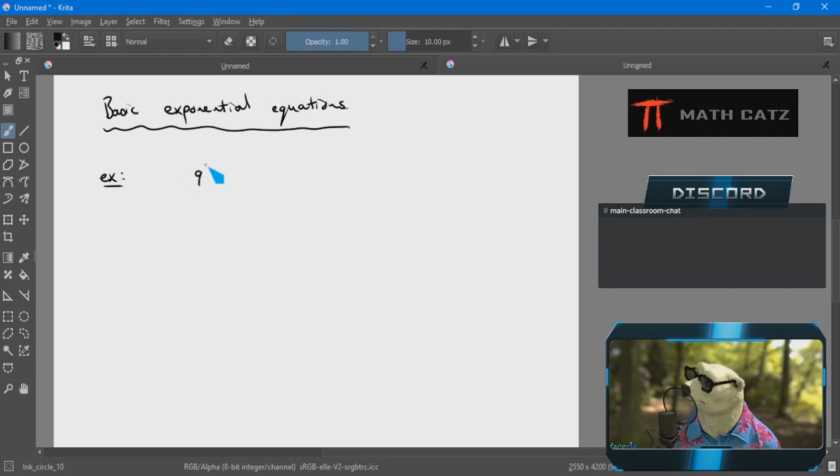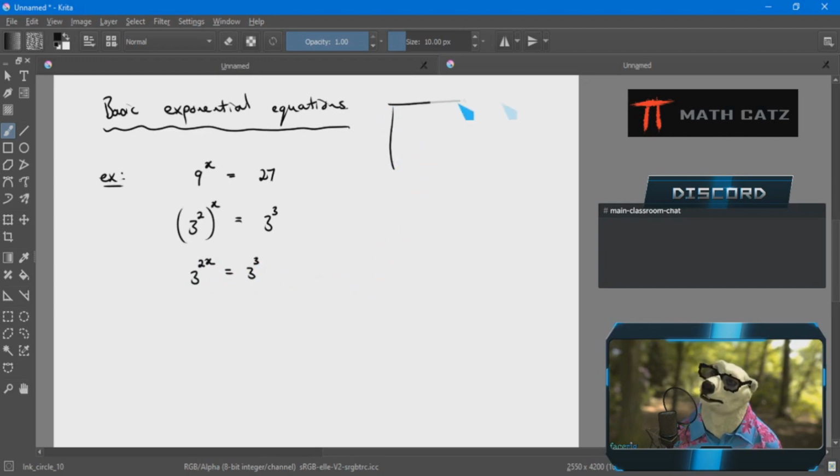Well, there is a basic kind of equation, like maybe something like that, where if I rewrite the base as 3 squared, and I notice that 27 is 3 cubed, I can see that this is 3 to the power of 2x equals 3 to the power of 3.